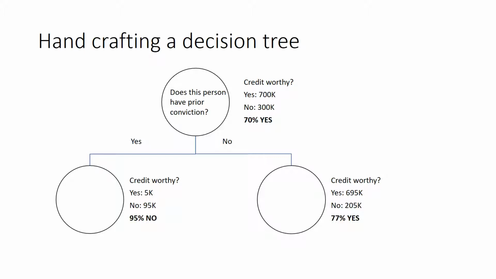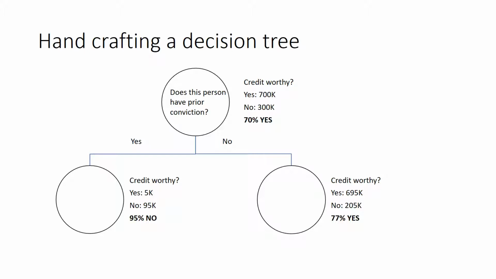In this parent, you will see that the question I've asked is, does this person have prior conviction? There are two branches going out of this parent node. The yes branch goes to the left node, and the no branch goes to the right node. There could be more than two branches as well, but I'm keeping things simple for now.